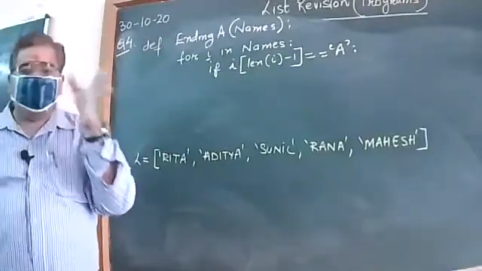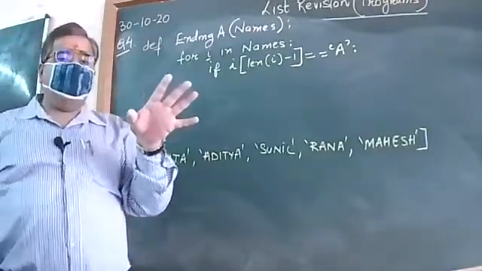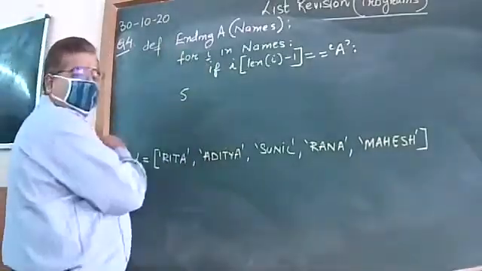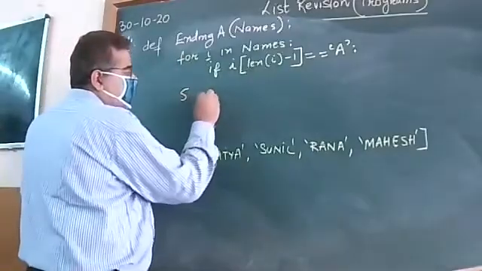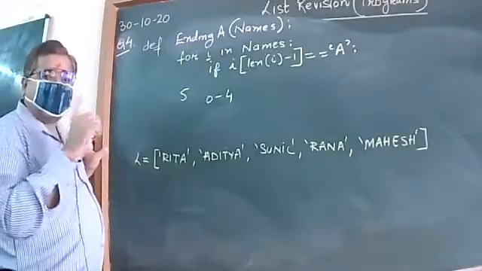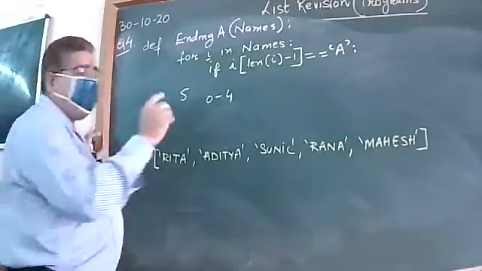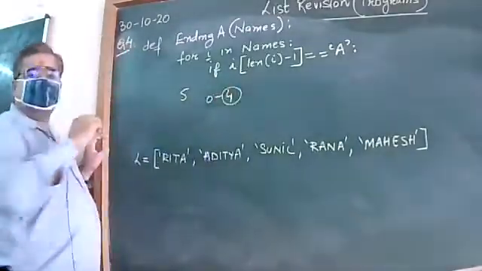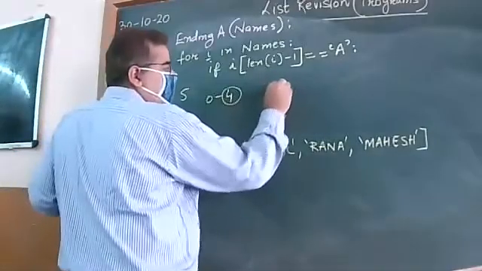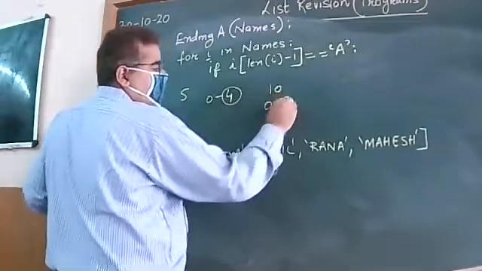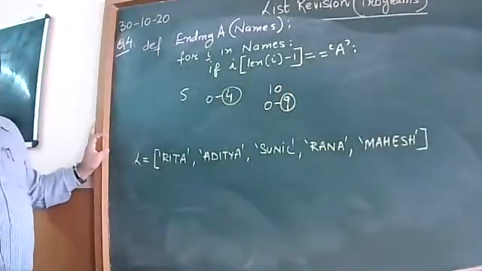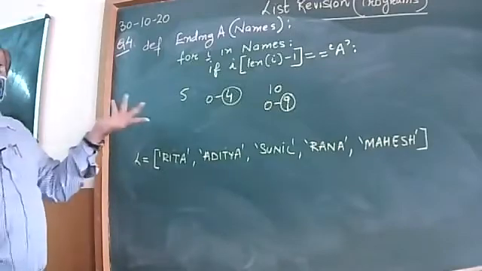If length of the string is 5, 5 means 0 to 4. Last character of the string will have the index 4. If length of string is 10, it will be 0 to 9. The last character will have the index 9. This is what I have found here.